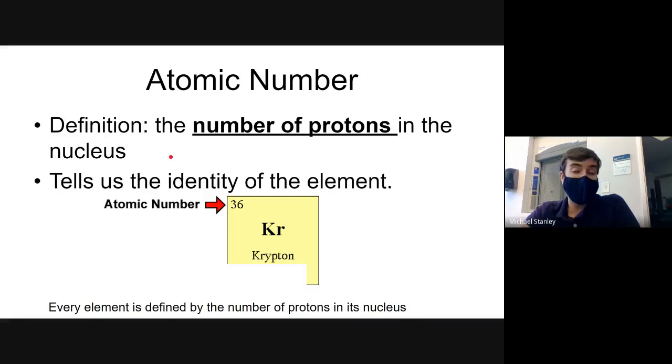Every single atom has a different atomic number, from number 1, which is hydrogen, to number 6 is carbon, number 36 is krypton, and I think the highest one that we've discovered so far is like 118 or 119, somewhere up there.